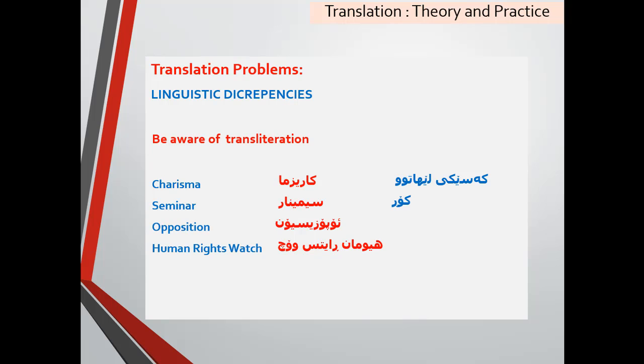For example, a word like seminar, even though it is very common, but we have a very good and common native word which is kor, even though some people might think that they are different, but it will give and convey the same idea. Opposition is also taken from French, but we have a very good compound word, djabara, or whatever other combination we can use. And for Human Rights Watch, we can use Rwangay Mafi Mrov, which is totally native and very natural and Kurdish. So the problem of transliteration is a case that we need to be aware of.